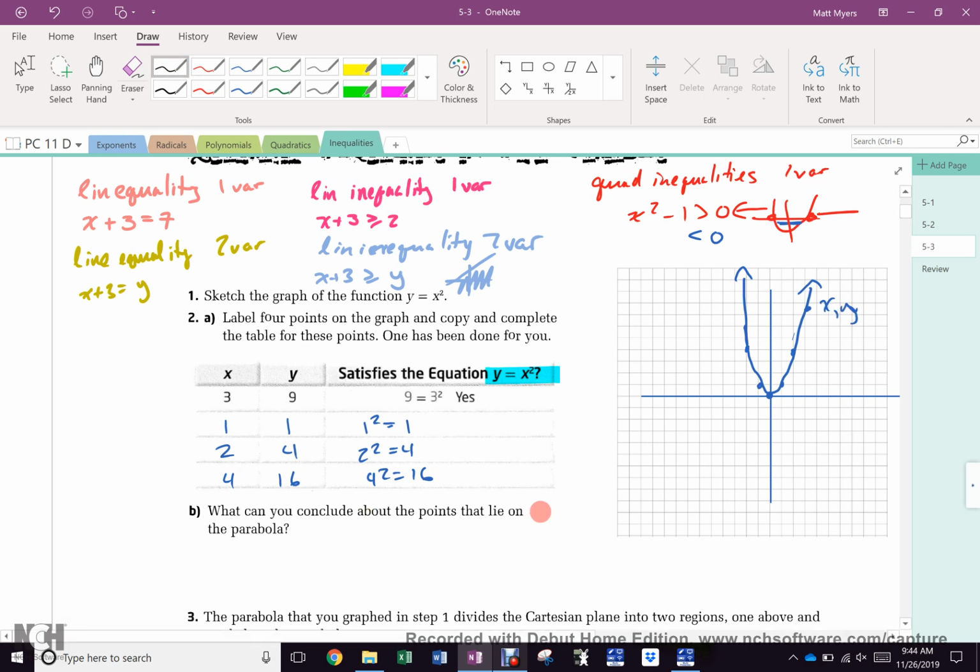So what can we conclude about the points that lie on the parabola? They are all xy's that satisfy. Remember, that's the proper math word for work in the equation.